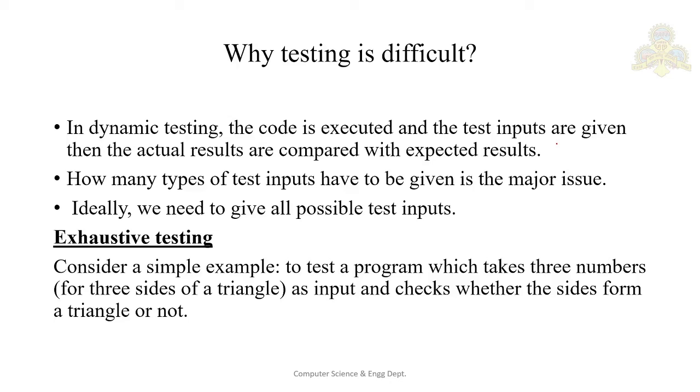Again, we need to give small integers, say 1, 2, 3, and also large integers, large numbers like five nines, something like this. We need to give some inputs which have one or two zeros, and also all zeros, to check whether the program is working.